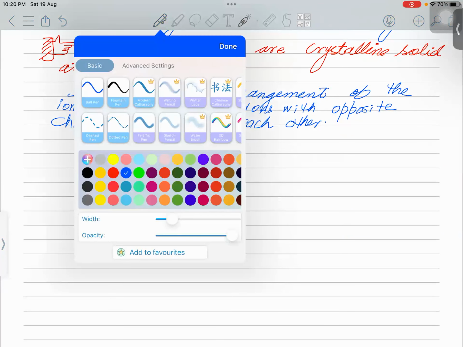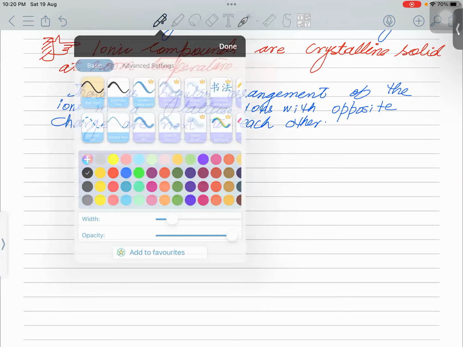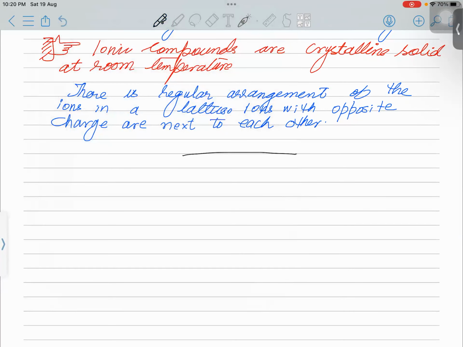Now look at the structure of sodium chloride. No need to memorize the structure. Just look at it, this is only for your knowledge. You can find this structure in a book or through Google. So this is a three-dimensional crystal lattice.